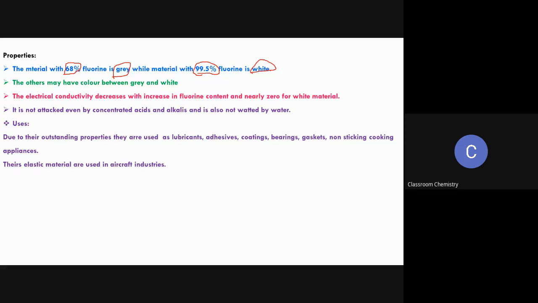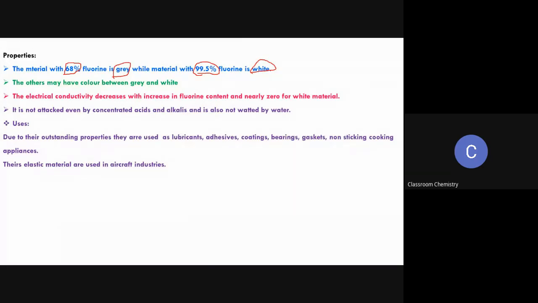So what are the uses of this kind of polymer? If you see, it cannot be affected by acids and alkalis, and is not wetted by water, and due to that it has significant applications. Due to their outstanding properties, they are used as lubricants, adhesives, coatings, bearings, gaskets, and non-sticking cooking appliances.